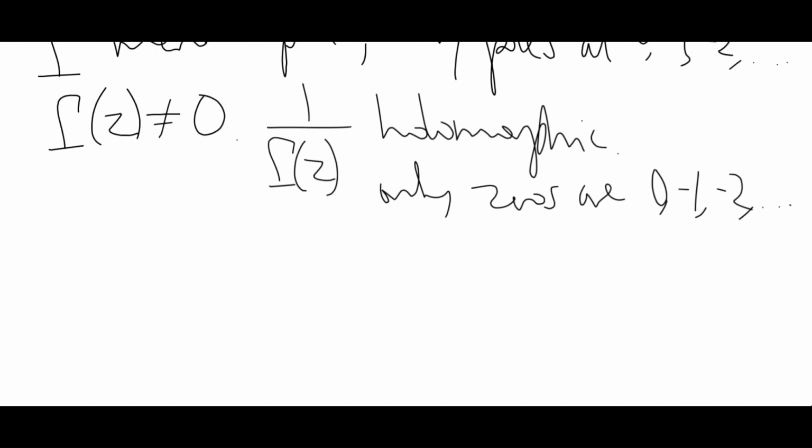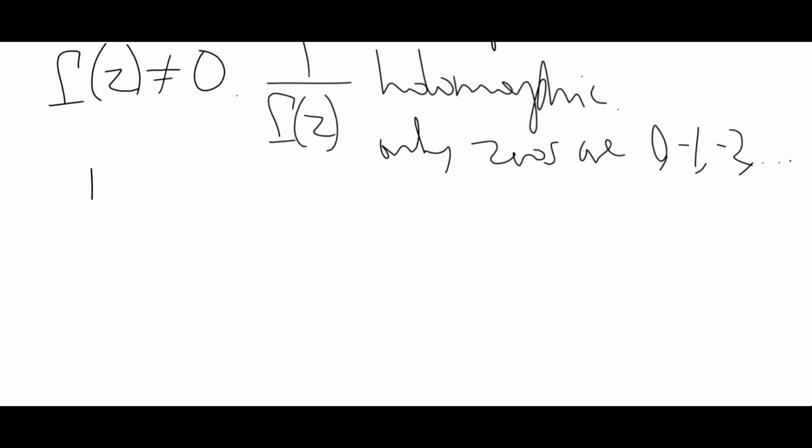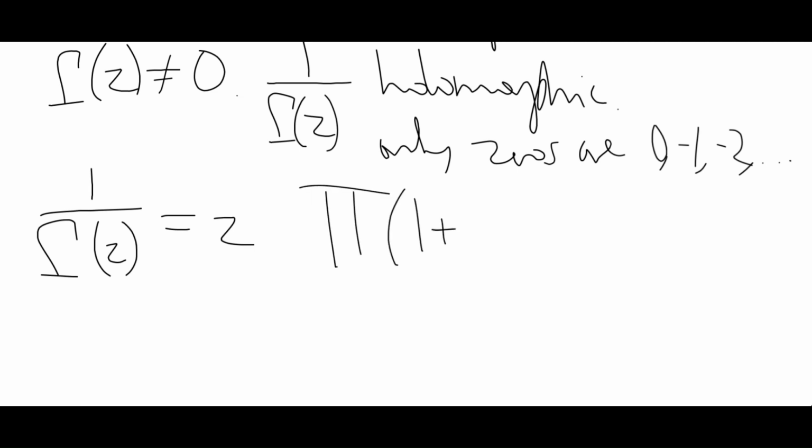Okay, so that suggests that we can do this factorization trick like with the sine function. The zero at z equals 0 gives us a factor of z, and then we'll have a factor of 1 plus z over n for every positive integer n. That will give us the other zeros.